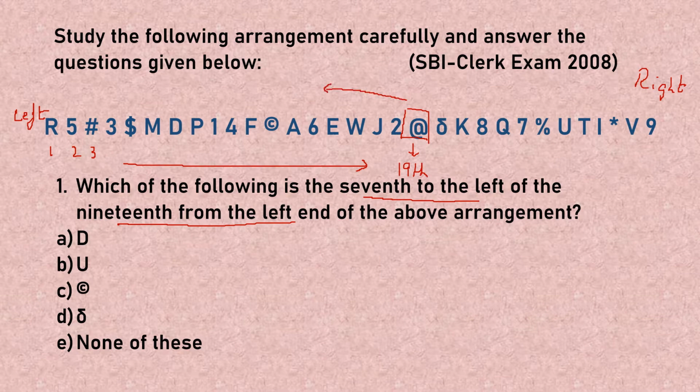Let us count 1, 2, 3, 4, 5, 6 and 7. So this is the 7th element towards the left of the element which was 19th from the left-hand side. So the correct answer would be option C, the symbol with C in a circle. Yes, option C is the correct answer for this part of the question.